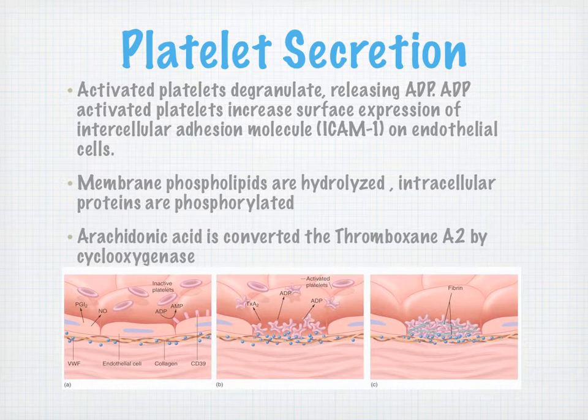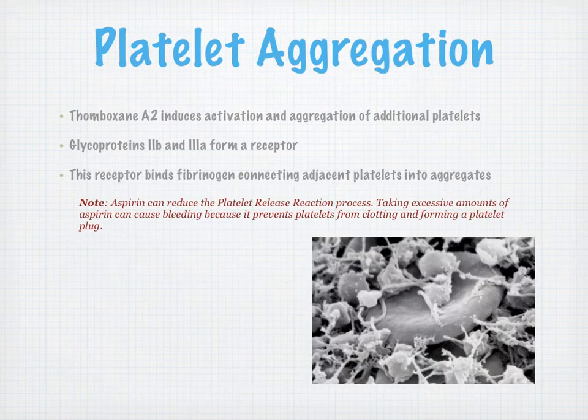Phospholipids are hydrolyzed, intracellular proteins are phosphorylated, that's my son Liam, and arachidonic acid is then converted to thromboxane A2 by cyclooxygenase. And when this happens, aggregation happens, and more platelets can aggregate until we actually have a plug. We have a platelet plug. And then when we have this platelet plug, we end up having hemostasis.